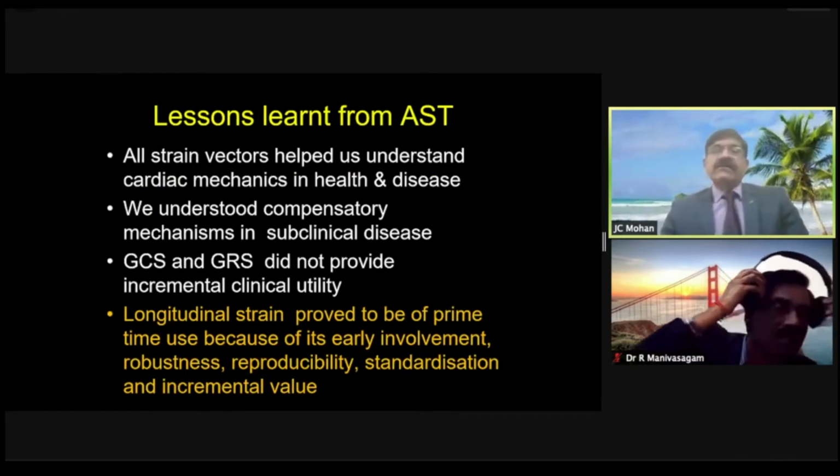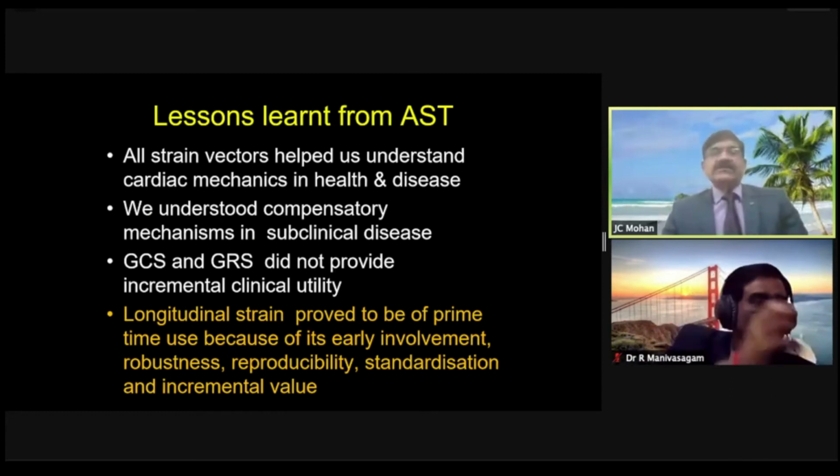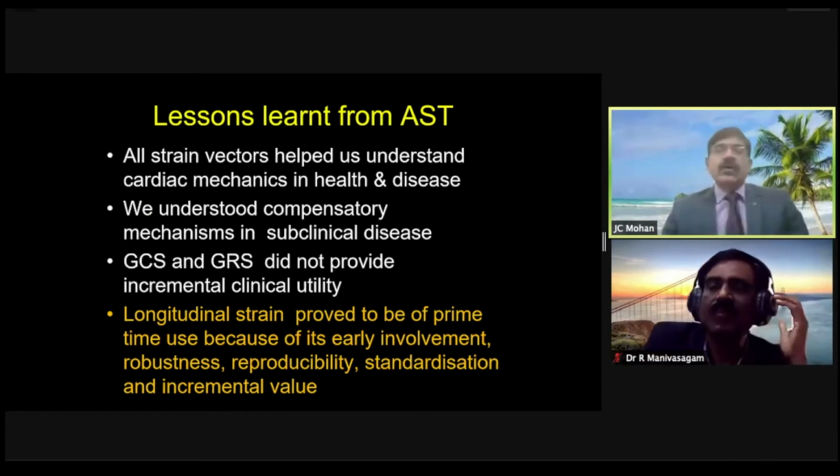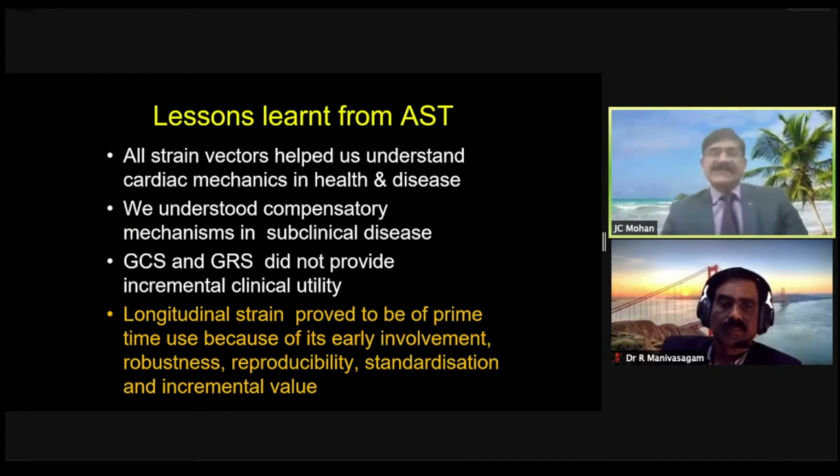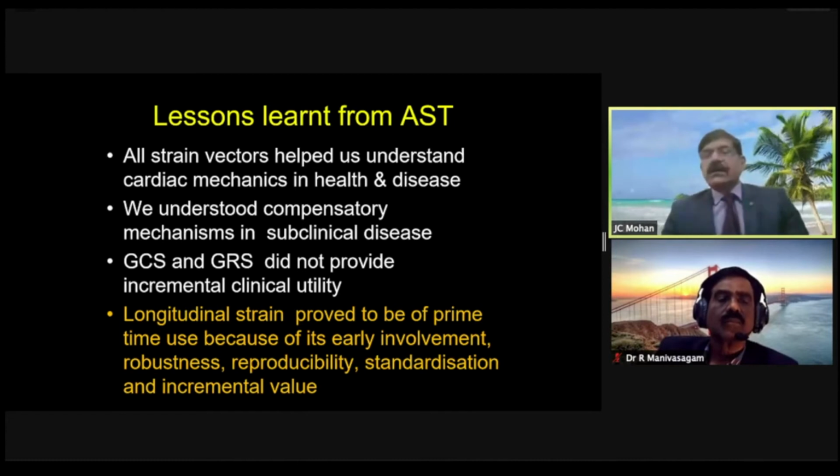We have certain lessons from acoustic speckle tracking. All strain vectors helped us understand cardiac mechanics in health and disease. We understood compensating mechanisms in subclinical disease: as the longitudinal strain goes down, the circumferential strain and angular rotation increase to compensate and maintain ejection fraction.